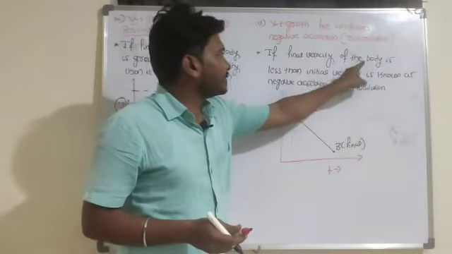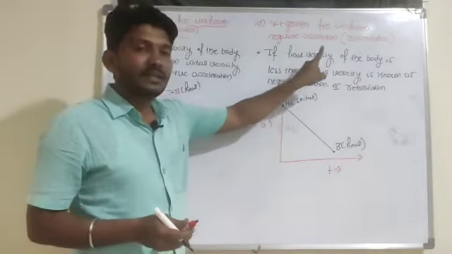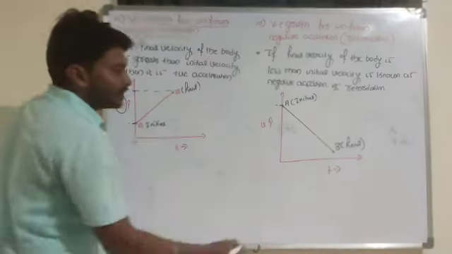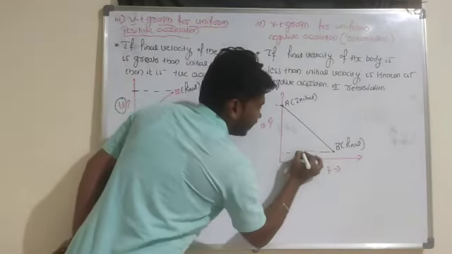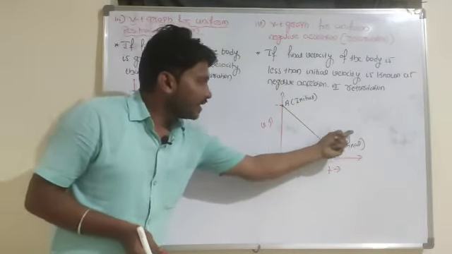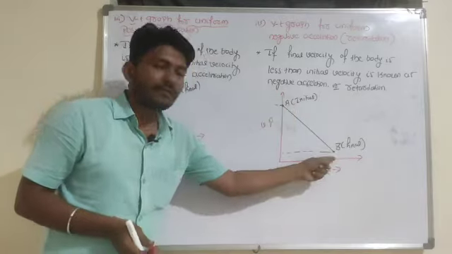The final velocity of the body is less than the initial velocity. The object is moving like this. This is point A, the initial velocity, where the object starts its journey. Point B is the final velocity. The y coordinate value at this point is less, so the final velocity is less than the initial velocity.